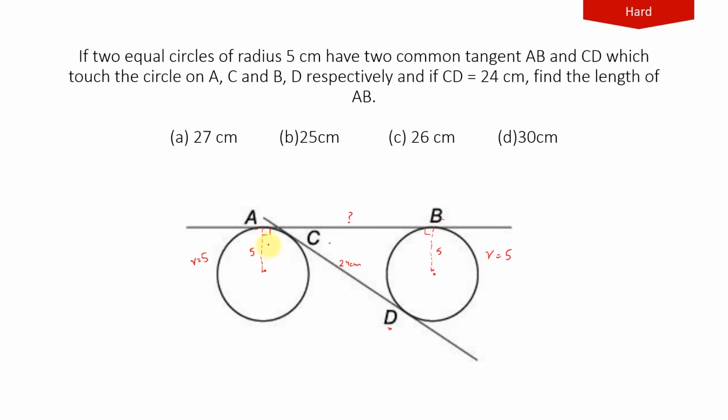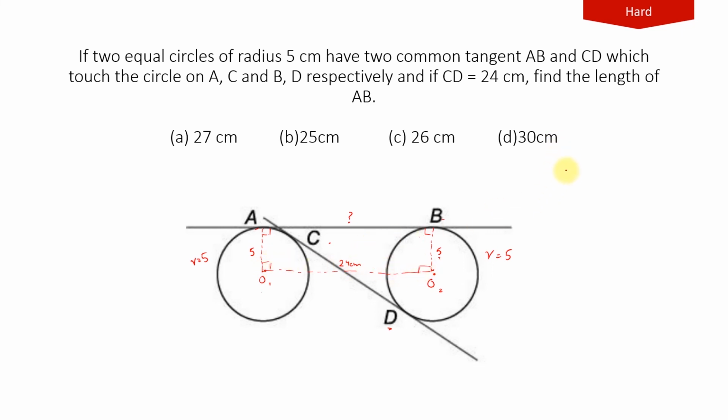And let us join the centers of these two circles. So let's say the center is O1 and O2. Now you can see that in this figure AB, O2, O1, two of the angles are 90 degrees and both the radiuses were equal. You can see that this is a rectangle.